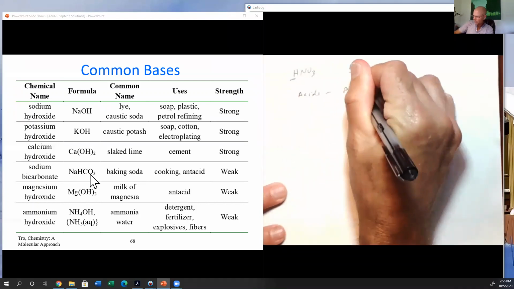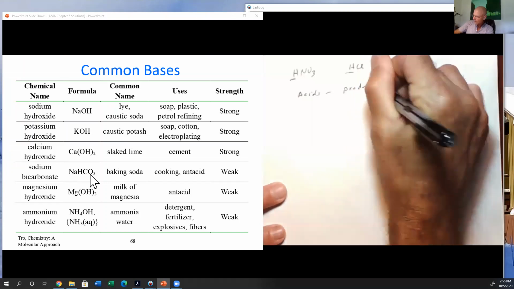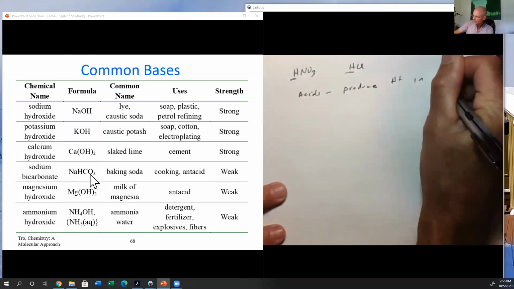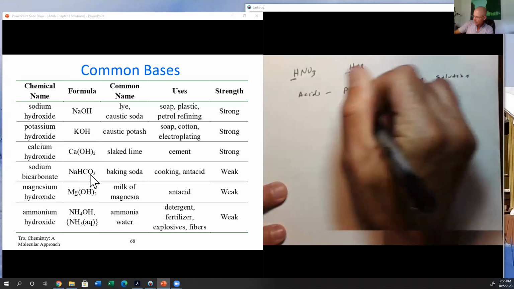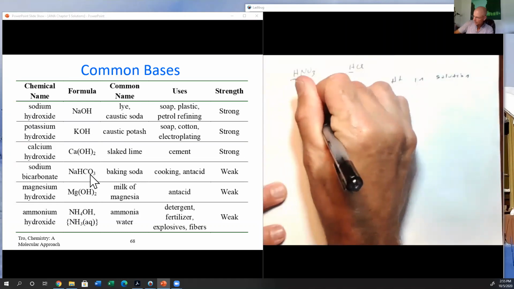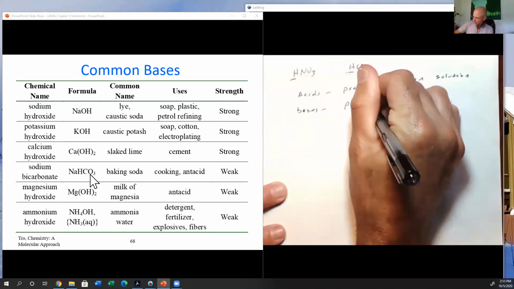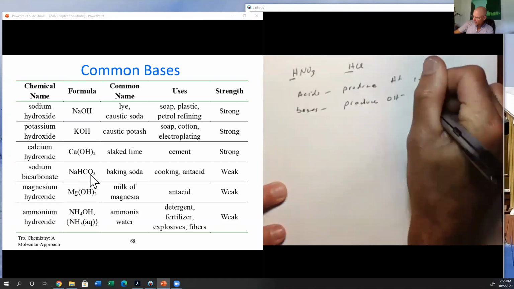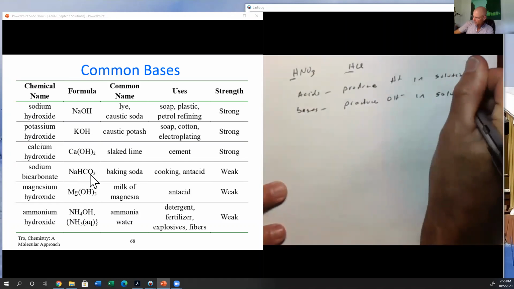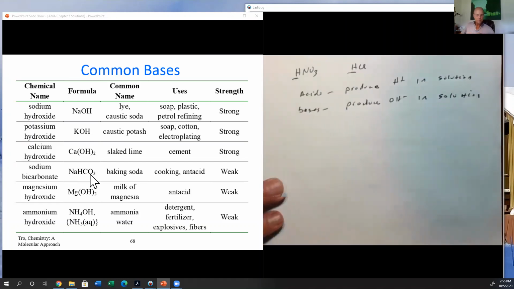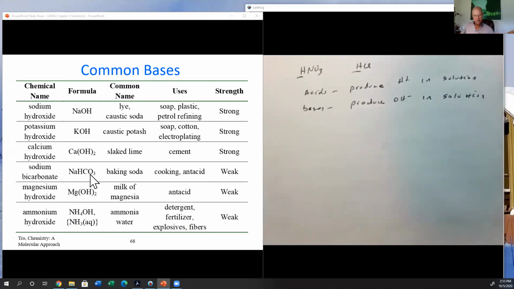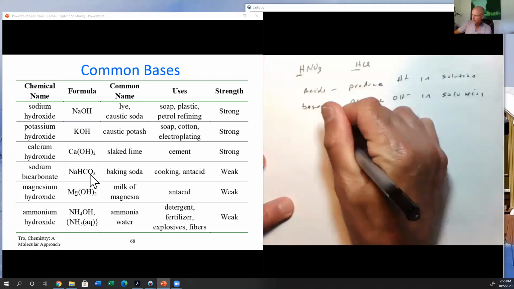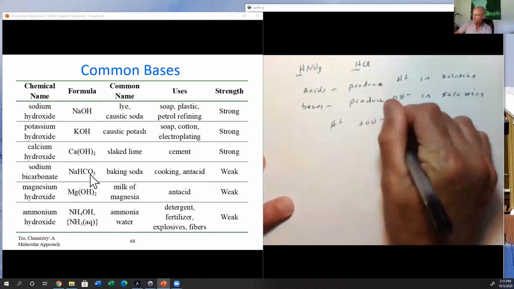Acids produce H plus in solution. Bases produce OH minus in solution. So what happens when you get an acid and a base together? The acid and the base can react. The H plus can react with the OH minus, and what does that form?